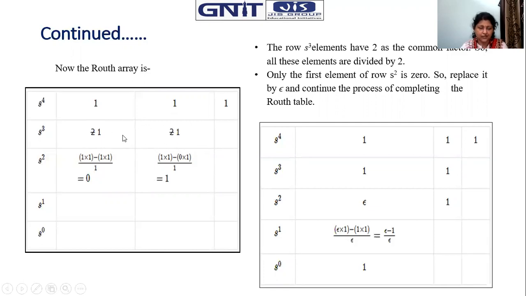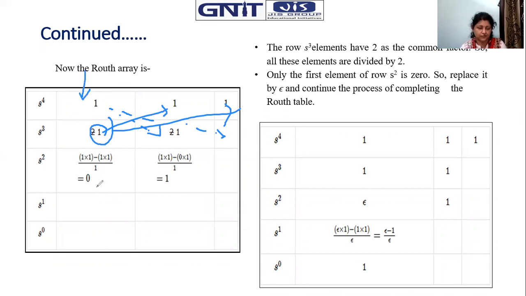Then continuing the Routh array, we compute 1 into 1 minus 1 into 1, that means 1 minus 1, divided by 1, so we are getting 0. Now 1 into 1 minus 1 into 0, divided by 1, that we are getting 1. So for the first entry of this row we are getting a 0 entry.